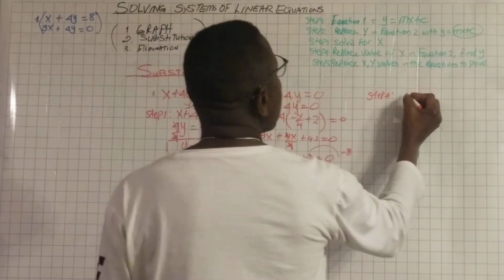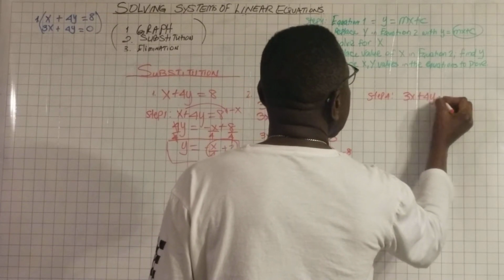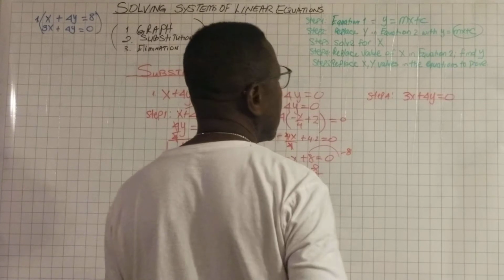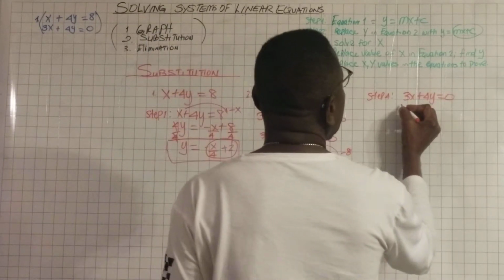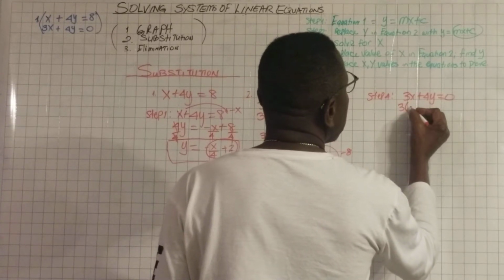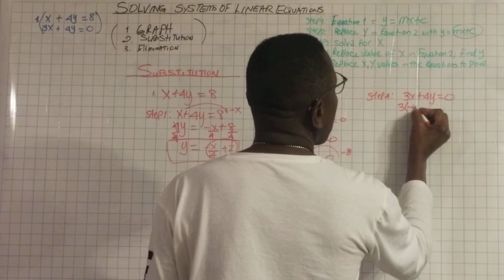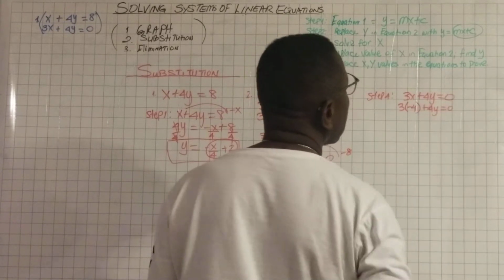So that equation is 3x plus 4y is equal to 0. So let's put x in there and use it to find y. So 3 into x, which is now minus 4, plus 4y is equal to 0.